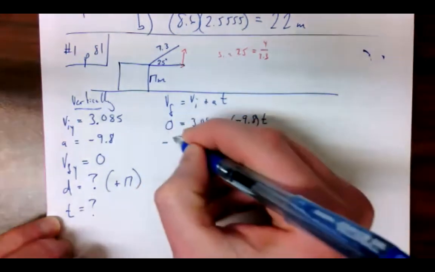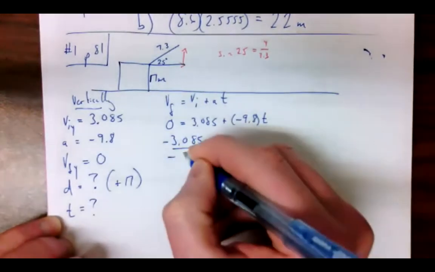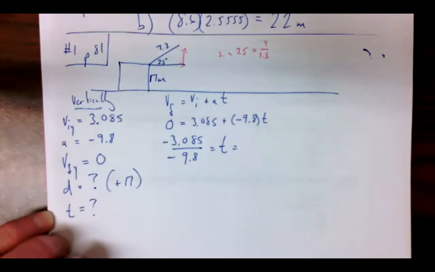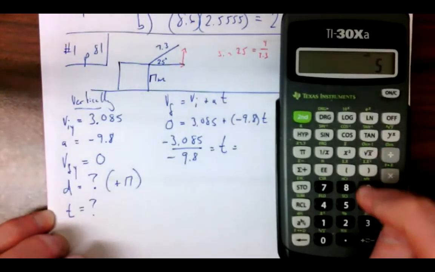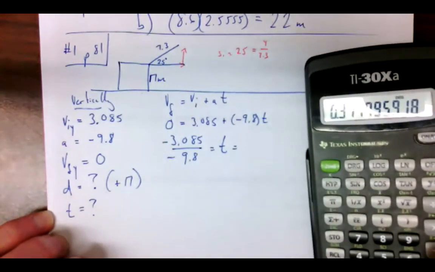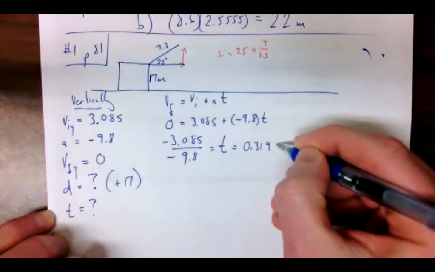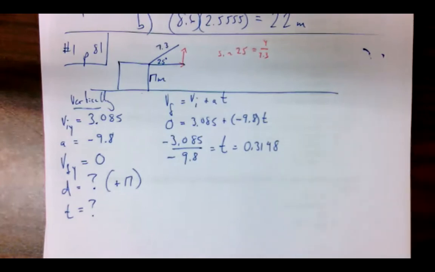So it's going to be negative 3.085 divided by negative 9.8. This is going to be our time. 3.085 divided by 9.8 is 0.3148. That is the amount of time it's going to take to get to the top of its path.